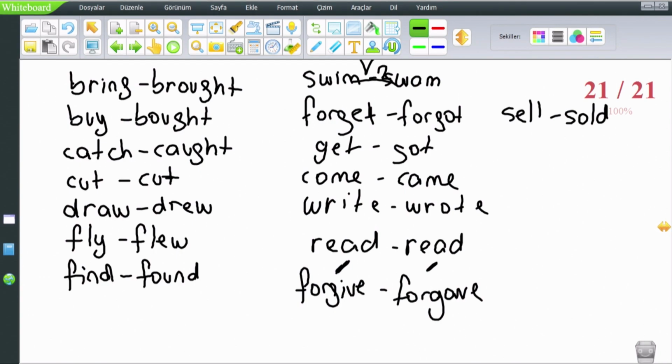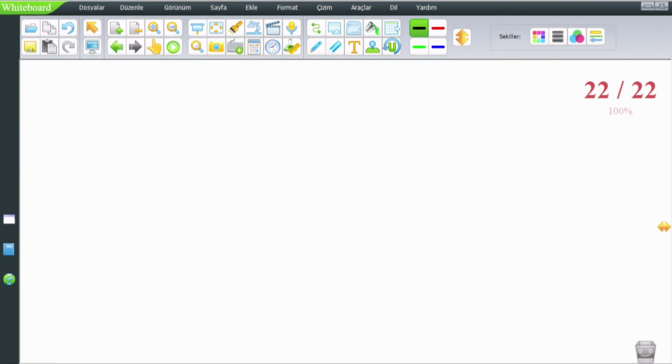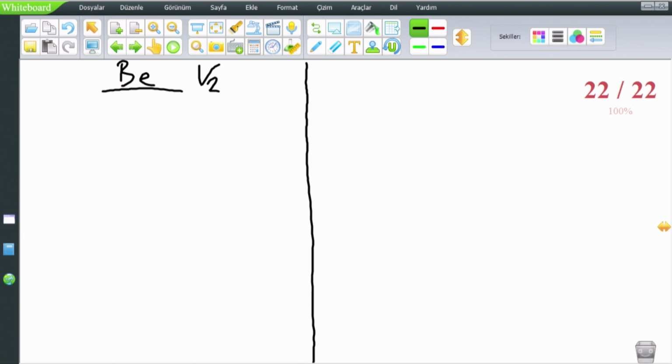Okay, let's talk about be's verb 2 form. We have studied this. Be is an irregular verb. And in present, we use it as am, is, or are, according to our subject pronoun. But in past tenses, we use be as was or were.